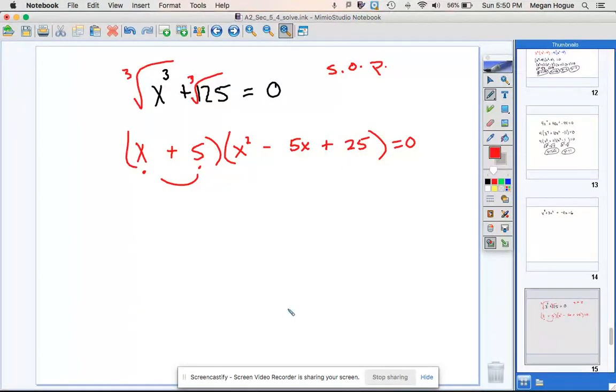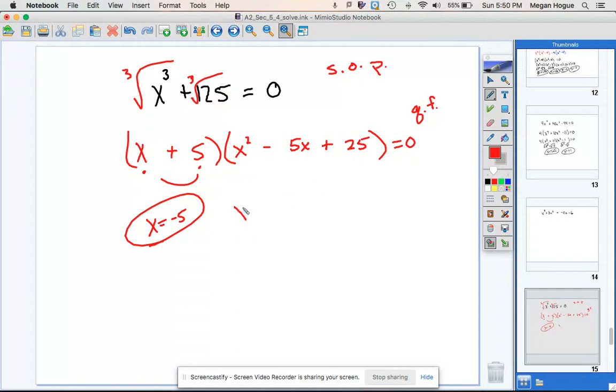So that's not bad. Downside is this doesn't factor. If I have this trinomial that doesn't factor, you got it. Quadratic formula. I can solve this. X equals negative 5. I've got to do the quadratic formula here.